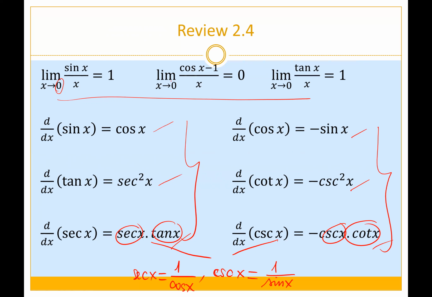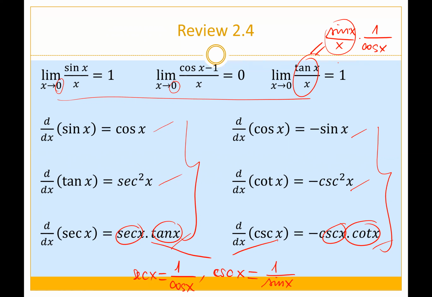And then the limit of x approaching 0 of tangent x over x is 1. This one, we just rewrite tangent as sine x over x multiplied by 1 over cosine. If you think about it this way, it is a helpful way for you to remember this limit.